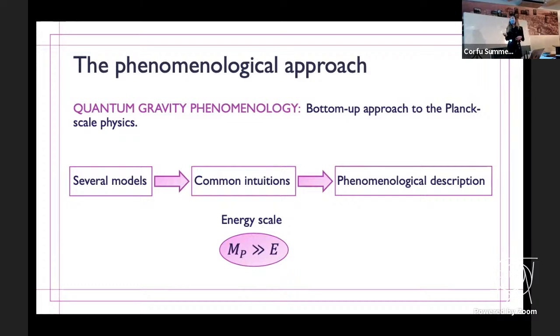Again, as we know, the energy scale that is typical for this correction, at which we expect this correction to become relevant with respect to classical gravitation, is given by the Planck mass, which is much larger than the energies that we can currently access in accelerators.